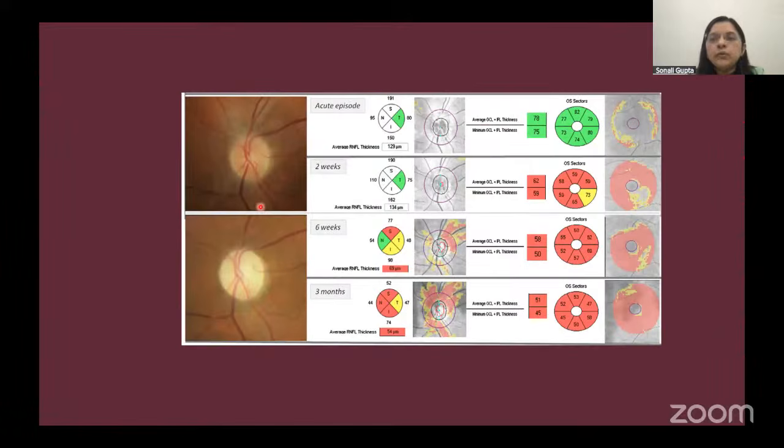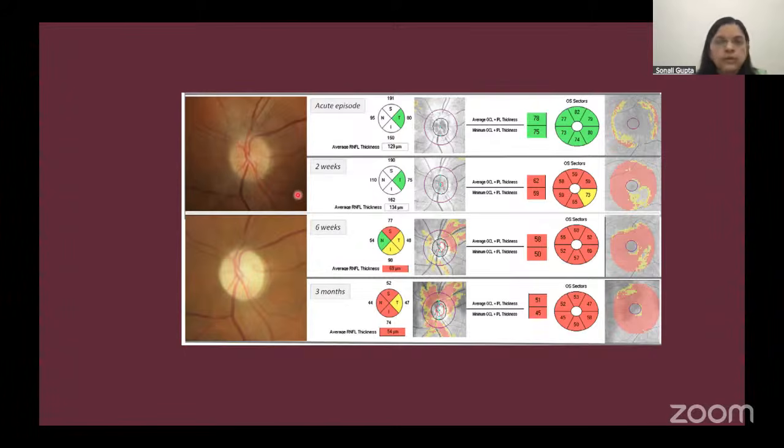So this is straightforward, where we are just correlating with RNFL. But why do we need to do a ganglion cell layer analysis in some patients, which provides us a very important prognostic tool? This is a patient who presented acutely with disc swelling. The pallor had not set in that markedly, and it was an acutely swollen disc. At presentation, the RNFL thickness was fine in all the quadrants, and so was the ganglion cell complex thickness, because he came soon after the loss of vision happened in one eye.